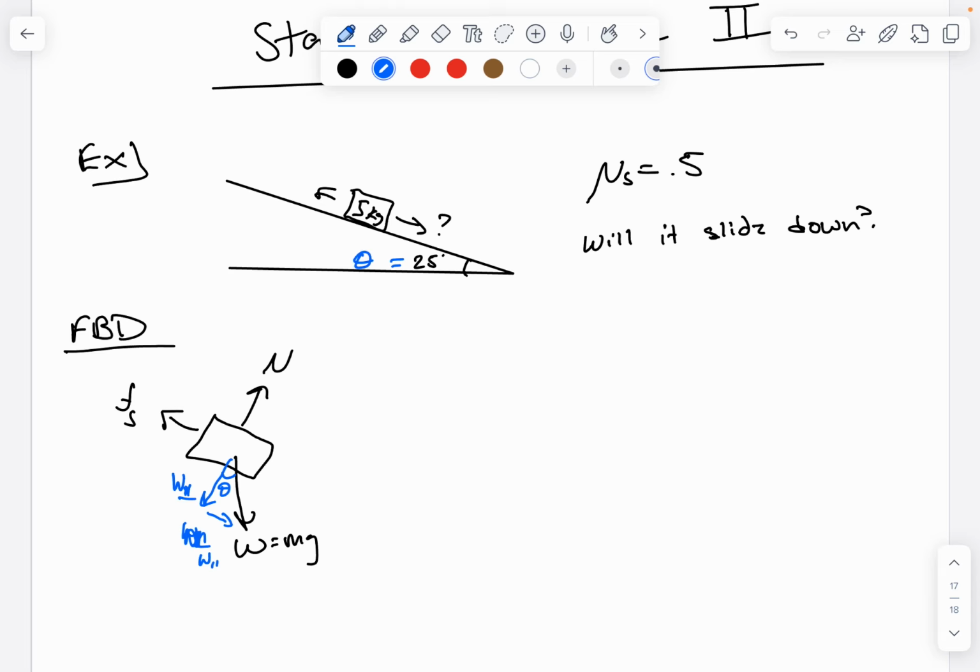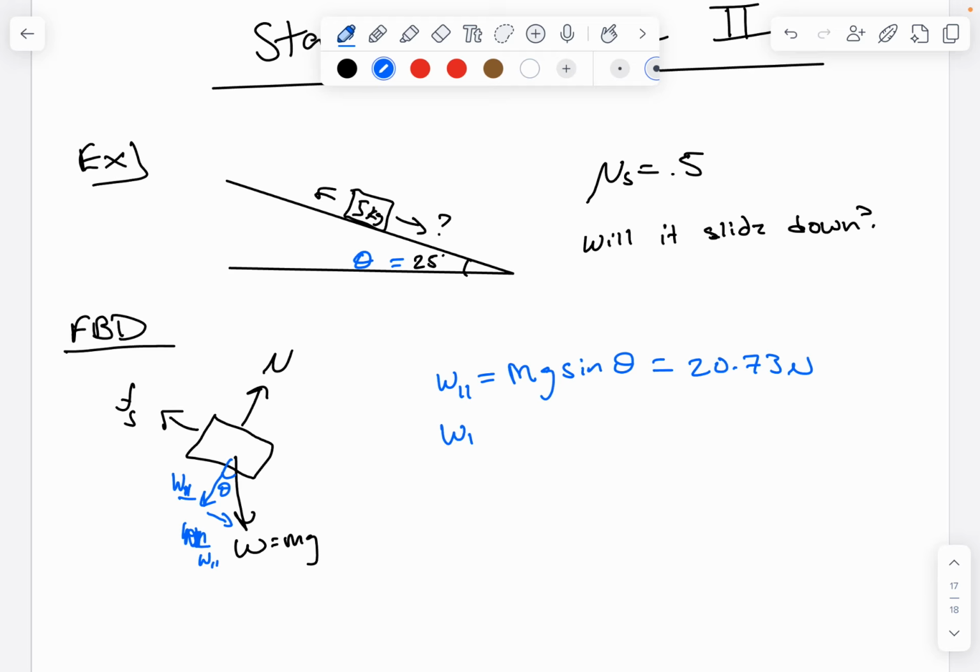All right, so our weight parallel is equal to mg sine theta, which if we plug everything in, m is 5 kilograms, g is 9.8, sine of 25, we get that this is roughly 20.73 newtons.